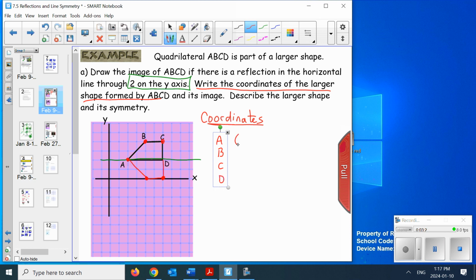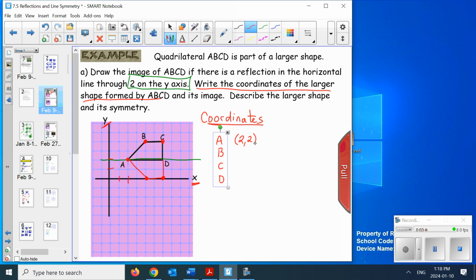Coordinates of A. Do you guys remember how to do coordinates? What comma what? If I call this the x-axis, this the y-axis, which one is listed first? The x-axis first. So A is at 1, 2 over for the x, 1, 2 up for the y. So I put 2 comma 2. That one you can get mixed up and still get it right.